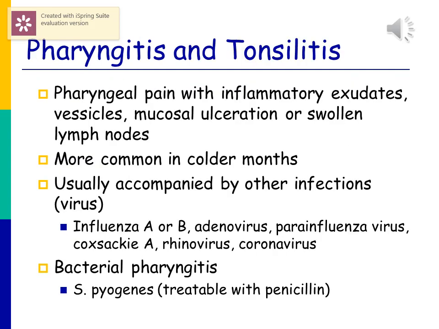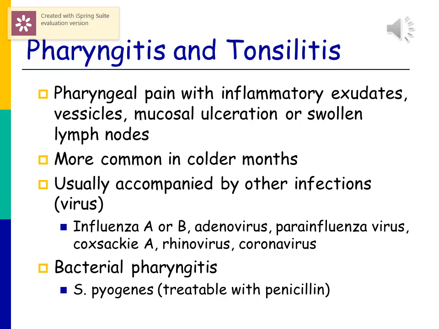Pharyngitis and tonsillitis, usually this will be associated with pharyngeal pain, with an inflammatory exudate, possibly vesicles in the back of the throat, little pus pockets, ulceration of the mucosal epithelial cells, and swollen lymph nodes. It's much more common in the colder months, so in winter, usually accompanied by other infections.